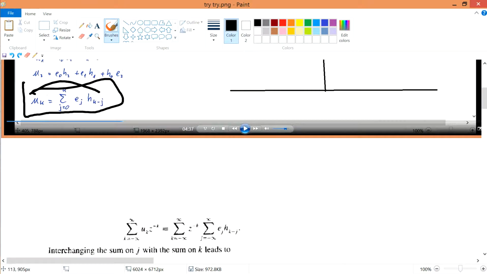So if I have this equation, I actually move it to here. So your u(k), if I were to z transform your u(k) over here, and then z transform your e(j) and your h(k-j), which is all over here. So I'm actually z transforming this whole thing.